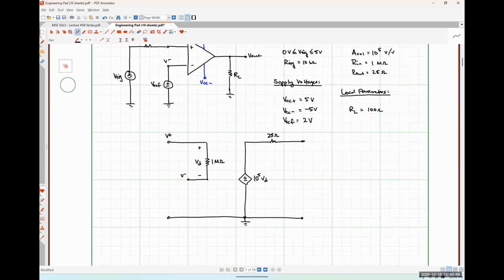Now I'm going to start making my external connections. Between my V minus node and ground, I need that voltage source Vref, so it'll go right here. Between my non-inverting input terminal and ground, I will have V sig in series with R sig.